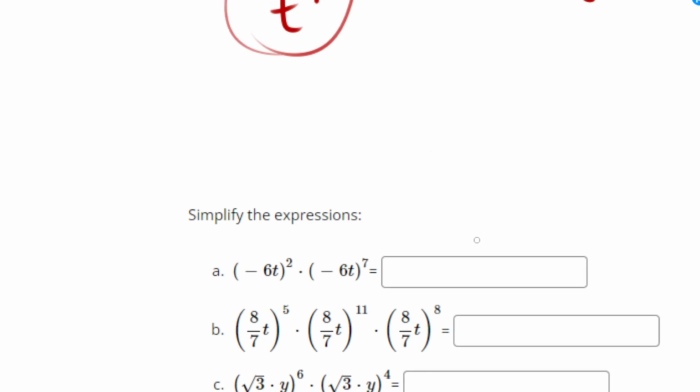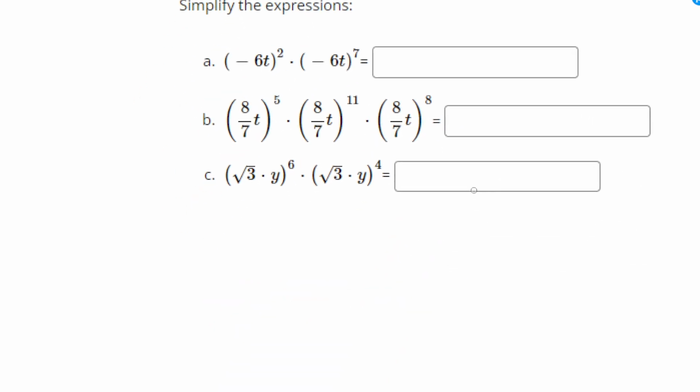For this one, same idea, so we'll have 2 plus 7, so we'll have negative 6t to the 9th, and that applies to both. I don't believe they want you to calculate that, but let me just see.